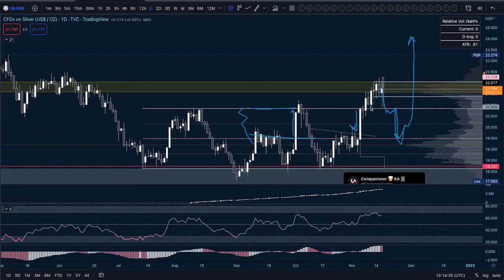We need to have plans for every level. So what could happen, for example, in this case, we can come down there, hold this as support, and continue higher. A deeper pullback scenario, if it starts trading below, and especially under here, it will travel fast to there, and then we'll have to deal with that.